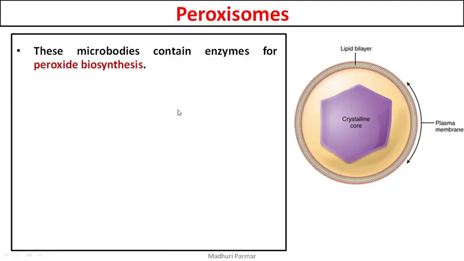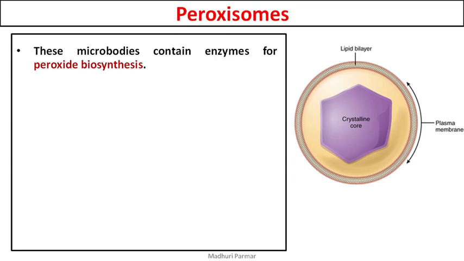The second microbody is called peroxisomes. Peroxisomes, as you can understand, take part in peroxide biosynthesis. What is peroxide? Hydrogen peroxide you have heard of, H2O2, right? Wherever you have this O2 minus ion present, it is called a peroxide. I think in chemistry you will be studying this peroxide ion, superoxide, oxide, right?